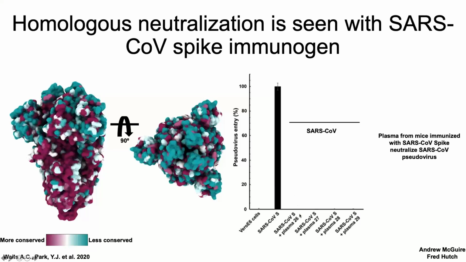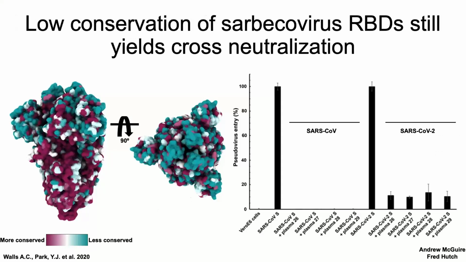And so we were wondering, these exact same plasma from mice that have been immunized with SARS coronavirus 1, how well were they able to neutralize SARS coronavirus 2? That's the next experiment that we did. And while you can see it's not 100%, we still have an extremely large drop from entry of SARS coronavirus 2 pseudovirus on its own, and addition of this plasma really blocks about 90% of the entry.